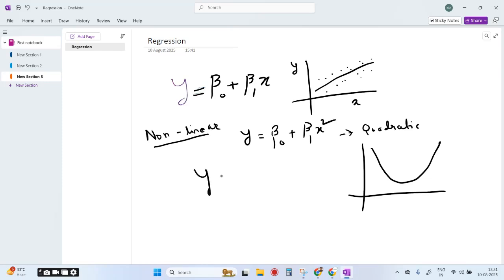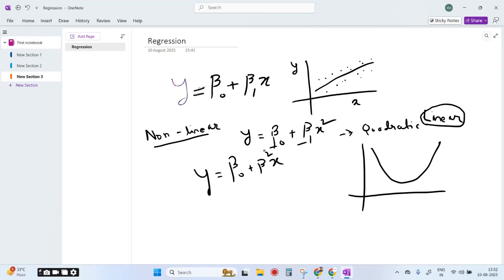But if you look at, suppose, y equals beta 0 plus beta 1 x square, the point is that this is a quadratic relationship between x and y, but it's still a linear regression model. This is something that you have to remember. This is important in terms of terminology, but it's very crucial, because the parameters, the coefficients, are still linear. The highest power is still 1, right?